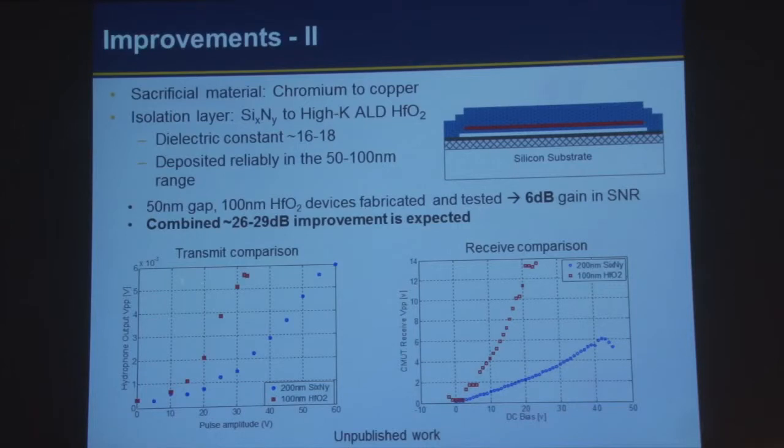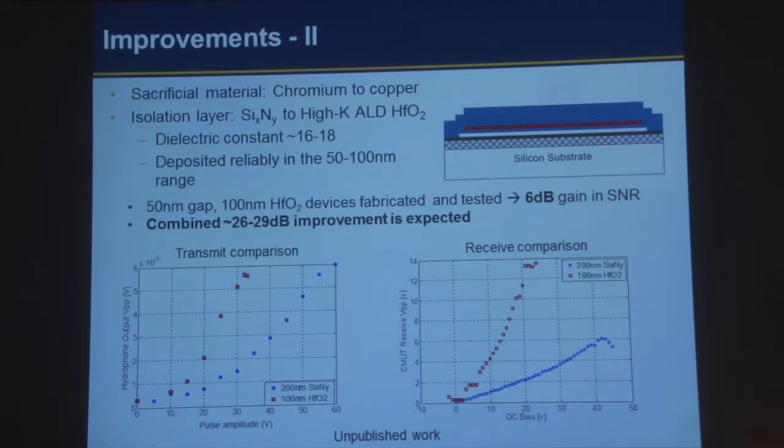But if you look at the performance, we see that in transmit, we can get the same pressure levels with the full gap. I mean, the maximum pressure level is constant because it's limited by the gap. Both of them get to the same maximum pressure, but this one gets there with nearly half the voltage. On receive, you get a larger receive signal simply because your gap is smaller.